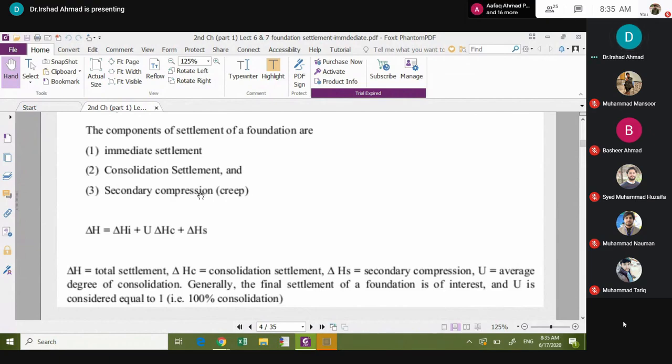After it becomes constant, there is still some settlement going on. This is called creep. Creep is the settlement that occurs under constant effective stress. You can remember it from the log time curve: the last part, after primary consolidation, was creep or secondary compression.